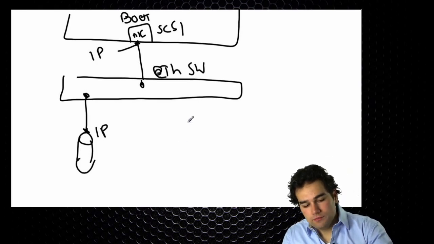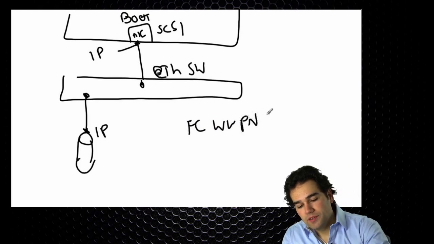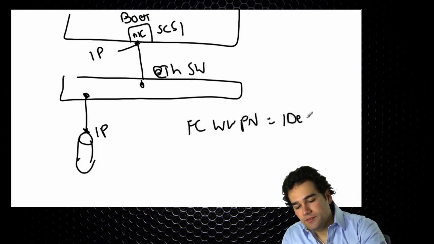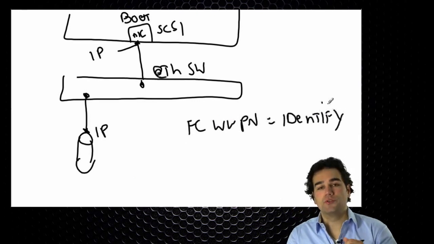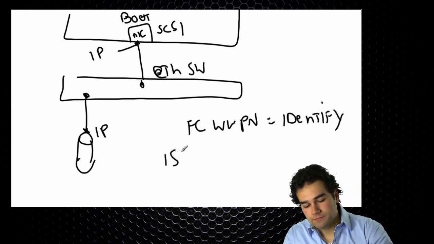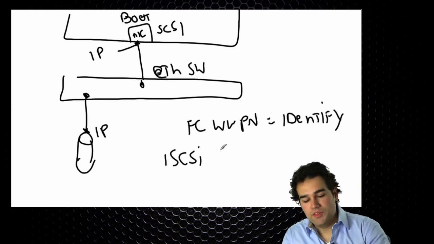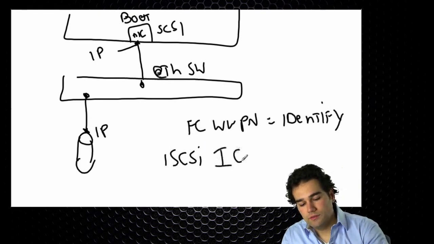In Fiber Channel, the WW name, worldwide port name, is used to identify the system, so to identify the server or to identify the disk. In iSCSI, you have kind of the same thing, but then it is called an IQN or symbolic node name.